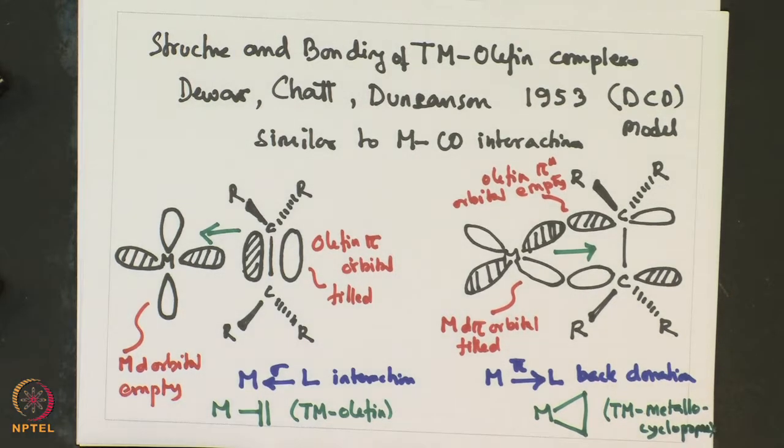Metallocyclopropane. Now, based on the type of structures that exist, because over here the hybridization of carbon is sp2, whereas over here it has become sp3, that bears a spectroscopic signature which can be characterized accordingly.